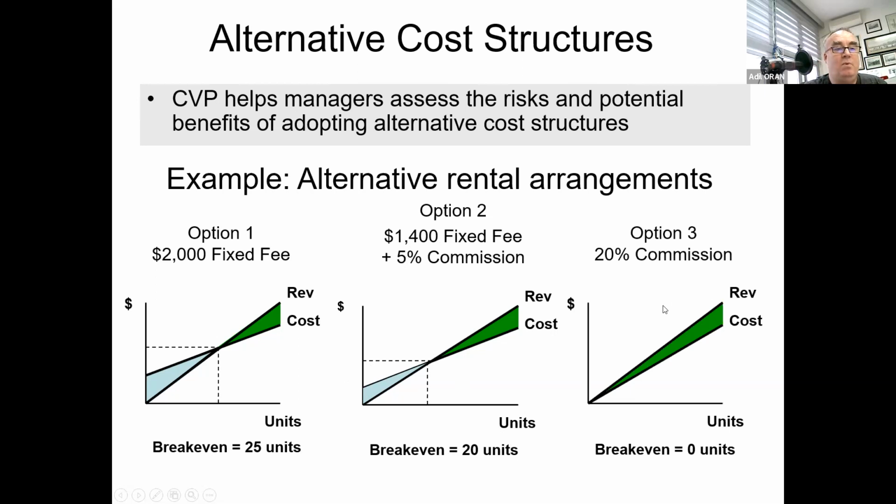Or what if we could pay totally based on commissions? So 0 fixed, but only based on the sales that they are generating. Well, in that case, break even is coming down to 0 because your fixed cost is disappearing and everything is becoming variable.